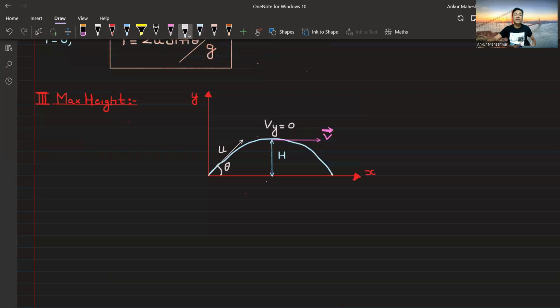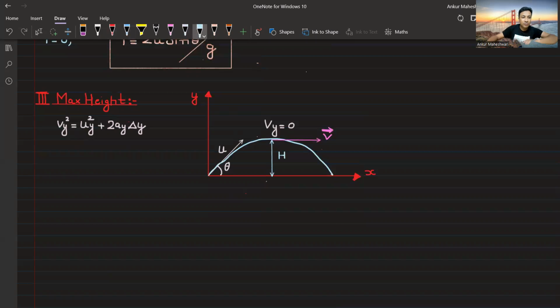All right. So we can apply the third equation of motion along the y-axis, that is Vy square equals Uy square plus 2ay delta y.